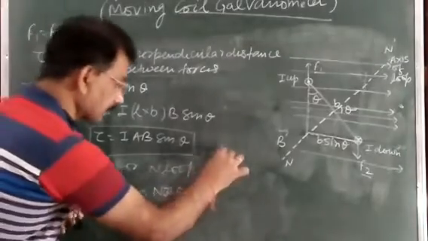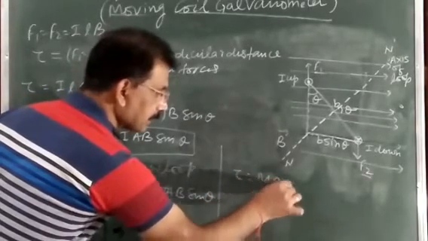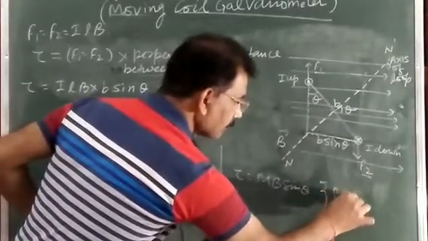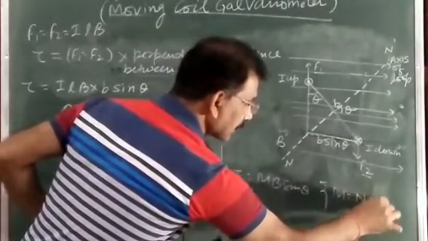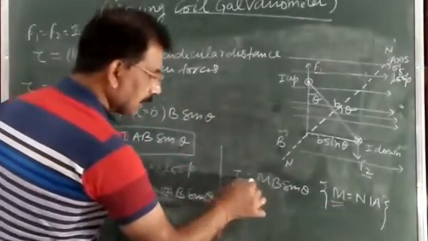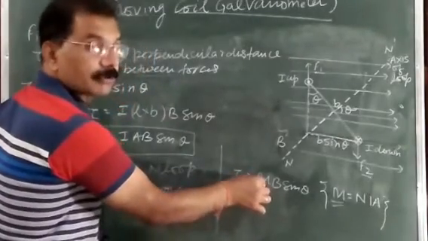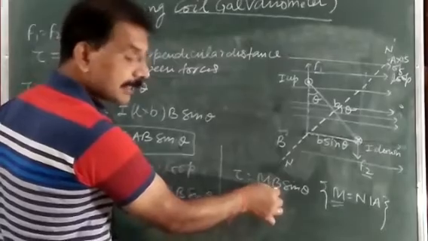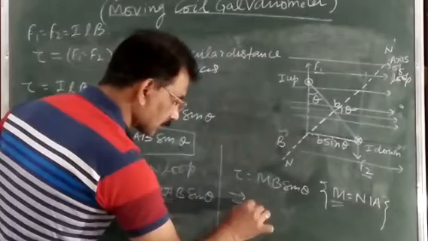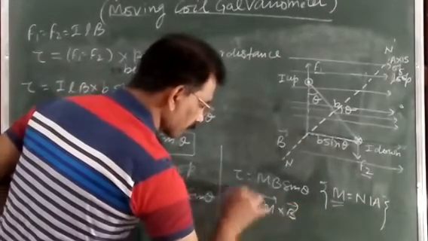So in terms of magnetic moment, you can write tau is equal to MB sine theta, where M is equal to NIA. This M is called the magnetic moment. And torque is a vector quantity. Magnetic moment is also a vector quantity. Magnetic field is also a vector quantity. So in vector form, you can write tau is equal to vector M cross vector B.